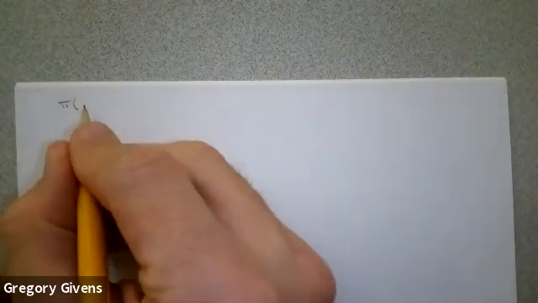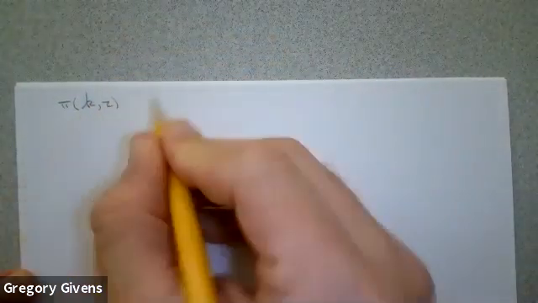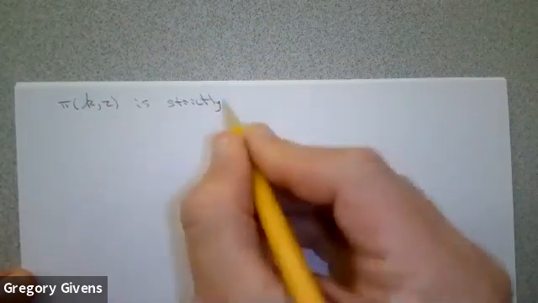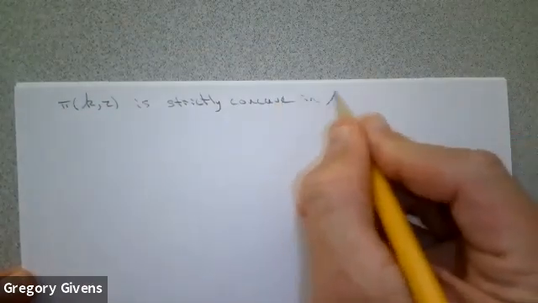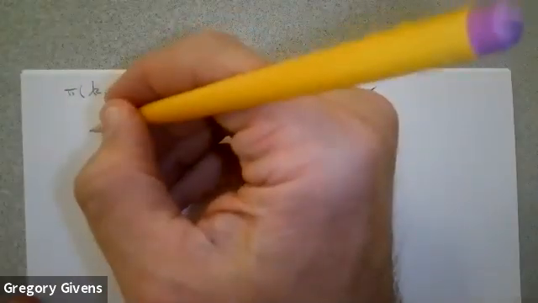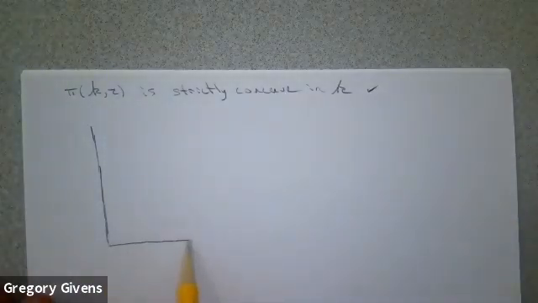We are going to have to assume here that pi of K Z is strictly concave in K. But I think that's a fair assumption to make. Why? Think about it. Let me sketch the graph of what pi probably looks like.